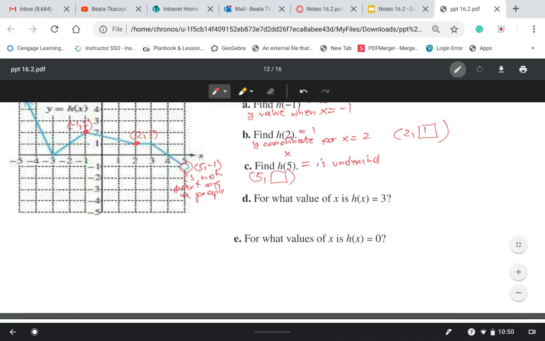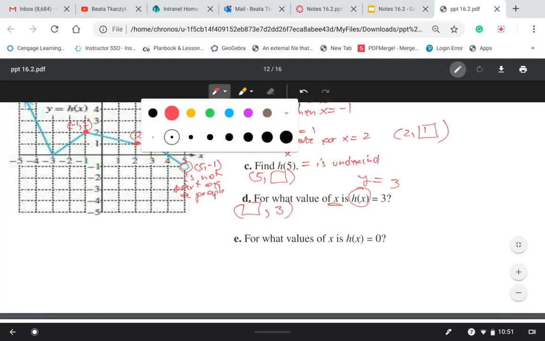Now, part D and E, we're doing the opposite. For what values of x? So now we're looking for x. H of x is equal 3, which means don't forget that h of x, you read that y, it's equal 3. So for what value of x? So we're looking for the first coordinate, y value is equal 3. So now I'm going to the graph, just use green.